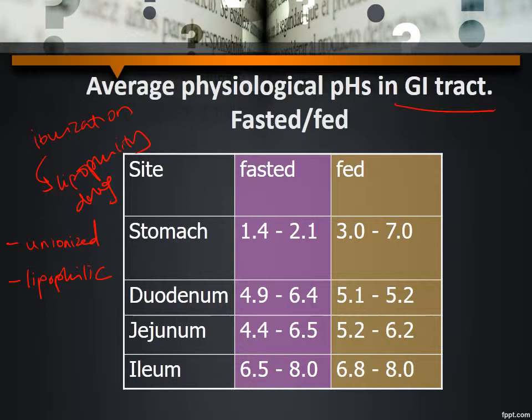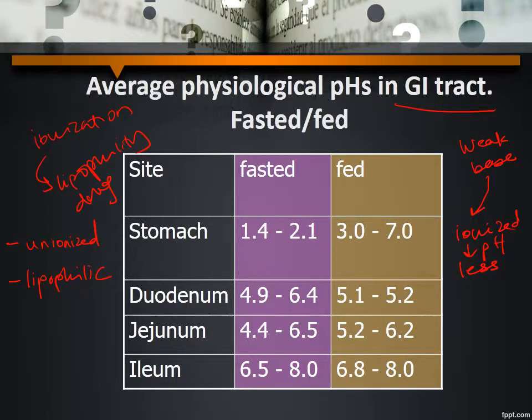So when a drug, let's say a weak base, enters the stomach, it will be ionized due to the low pH in the stomach. So in this case, less drug will be absorbed.